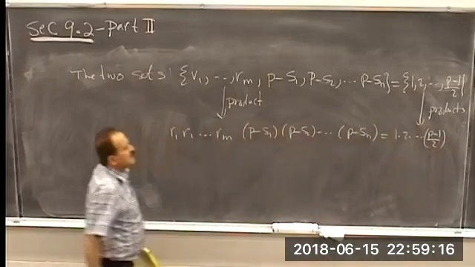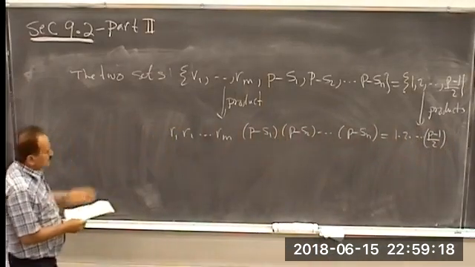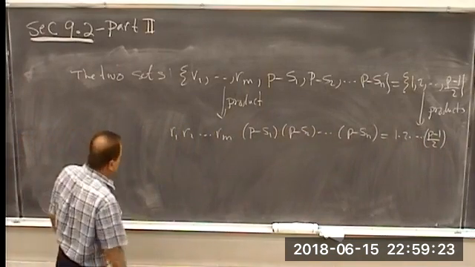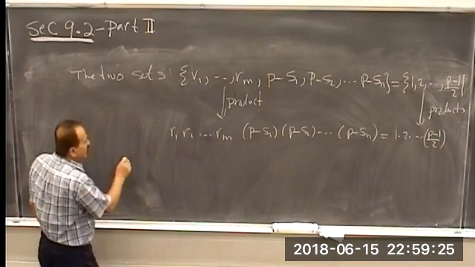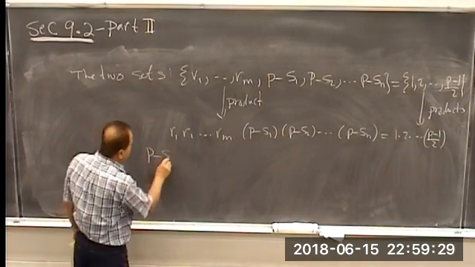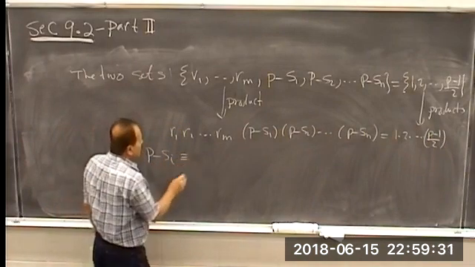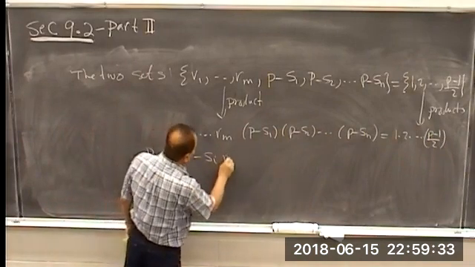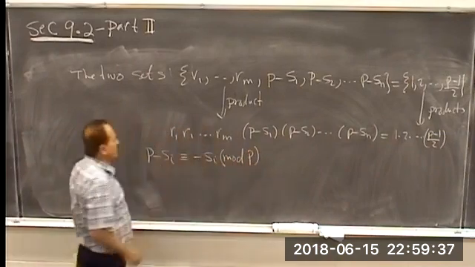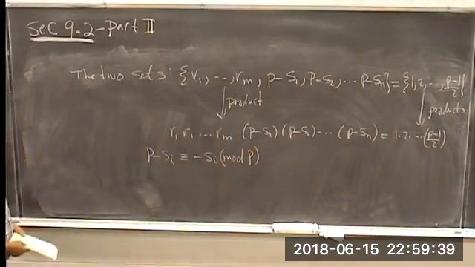Now we're going to actually take mod p. We know that p minus Si is congruent to negative Si mod p. Of course, the p that appears in front is 0 as far as mod p is concerned.